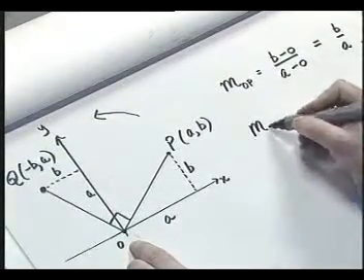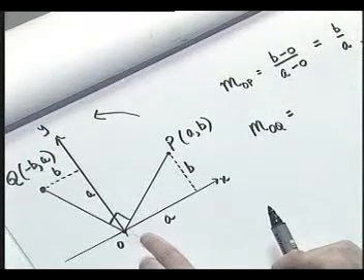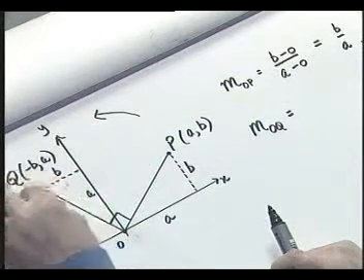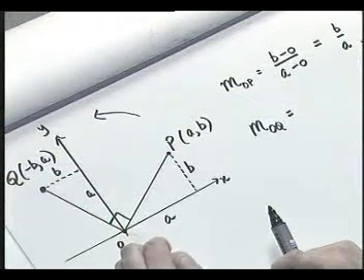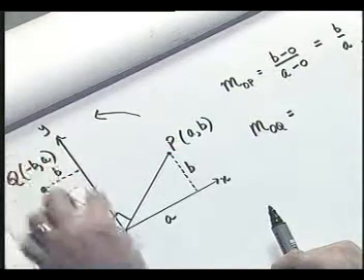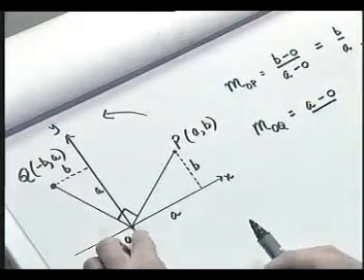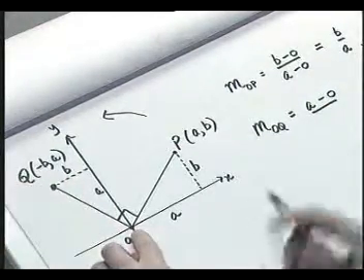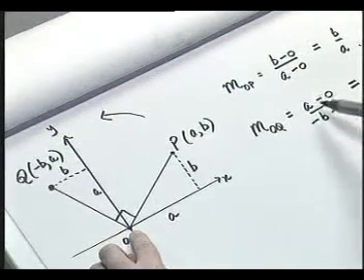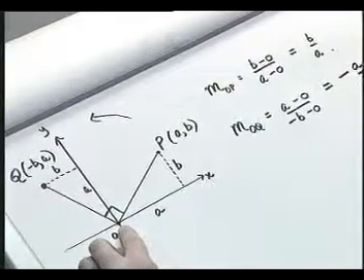Let's call that MOQ. We want the change in y divided by the change in x as we move from O to Q. Well, the change in y as we move from O to Q is A subtract 0, and the change in x is minus B subtract 0. So this time, this simplifies to A over minus B, or minus A over B.